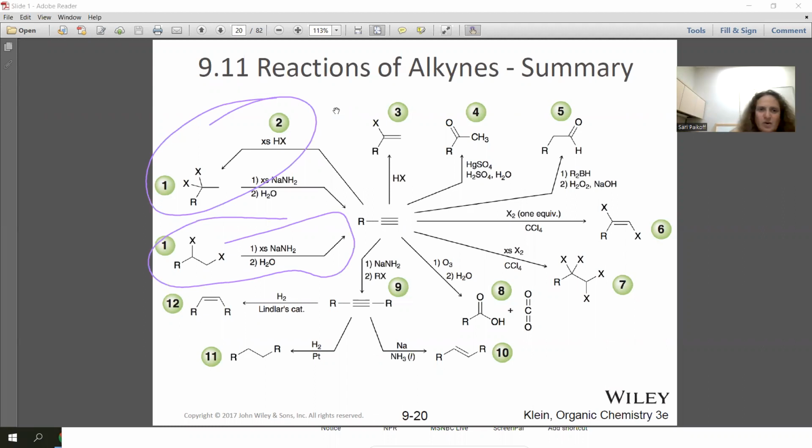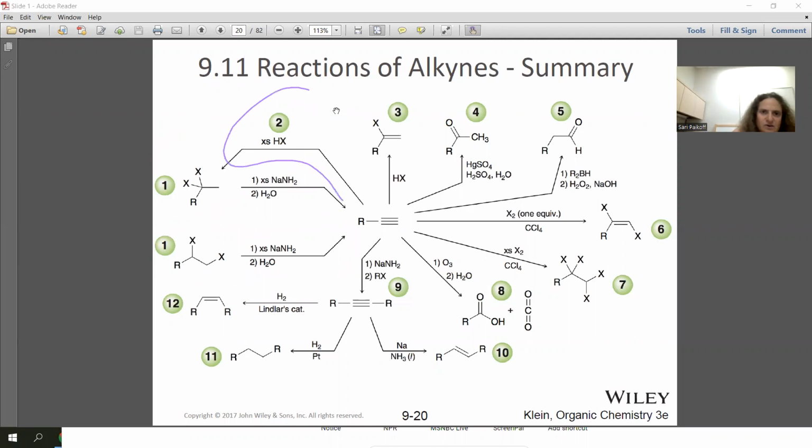So 2 and 3 are the same, right? One is adding excess, one is not, but they're both adding a halogen. These are both how you make the alkyne through elimination.